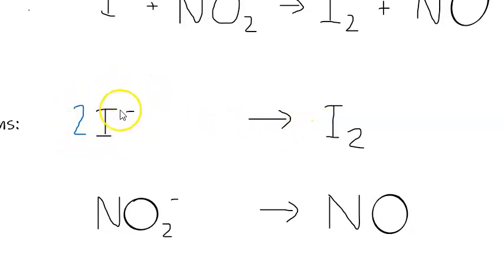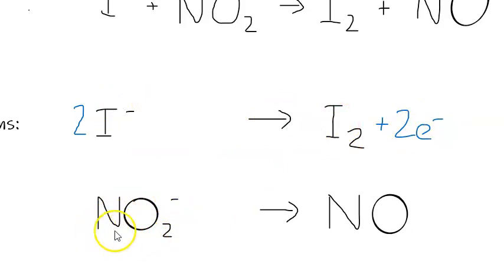Now we've got a total charge of -2 on this side of the equation and a total charge of 0 on this side. The more positive side is the 0. To bring that down to -2, we need to add 2 electrons. And then that's all balanced. So we've done that half equation.